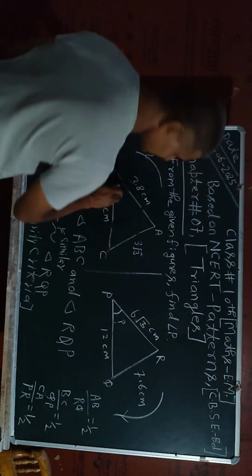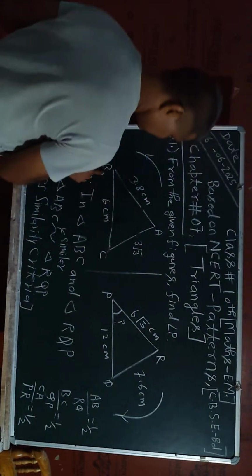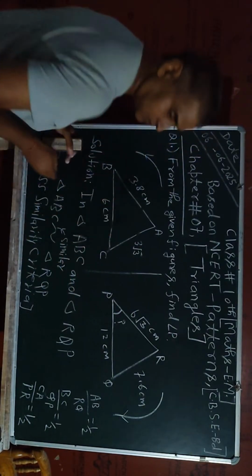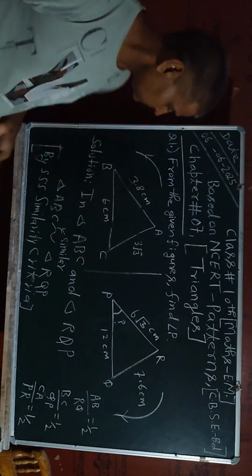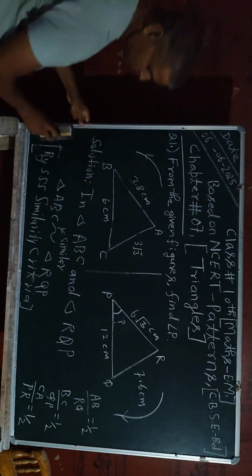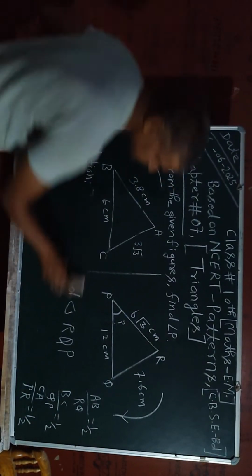It will come on this side. So R will be at A, Q will be at B, and T will be at C. Okay, this is the mirror image.